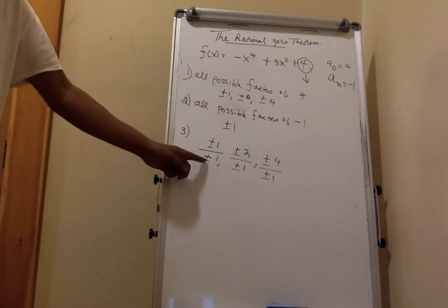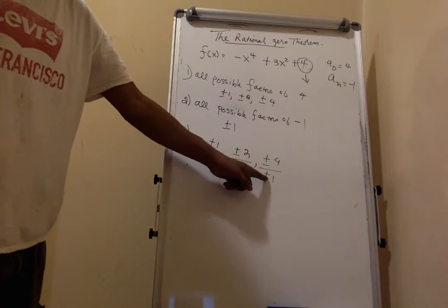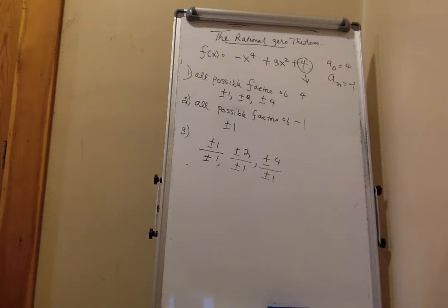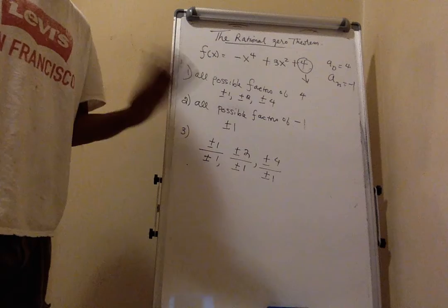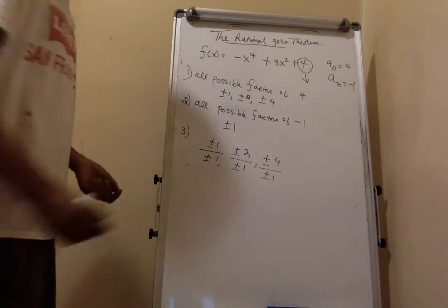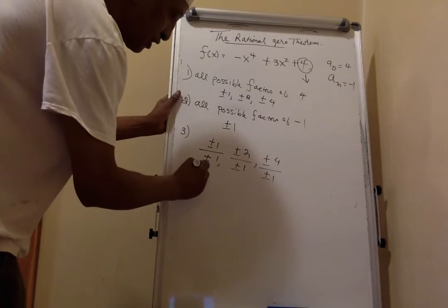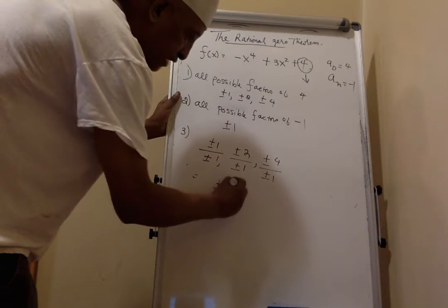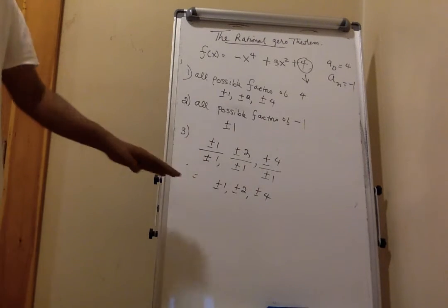This is how you are going to build it. The denominators are all the possible factors of the leading term, and the numerators are all the possible factors of the constant term. In this case, because the denominator is just 1, you're not going to end up with a fraction. So if you simplify, you end up with plus or minus 1, plus or minus 2, plus or minus 4.